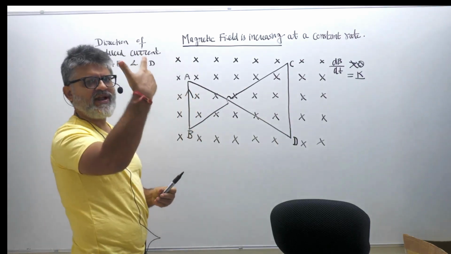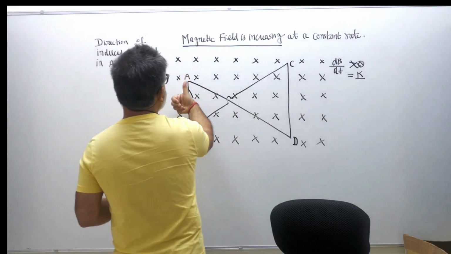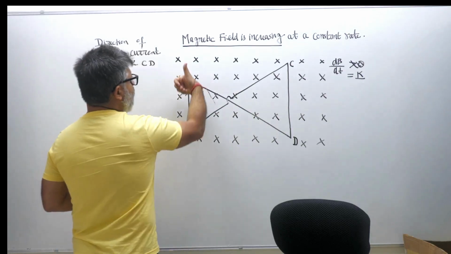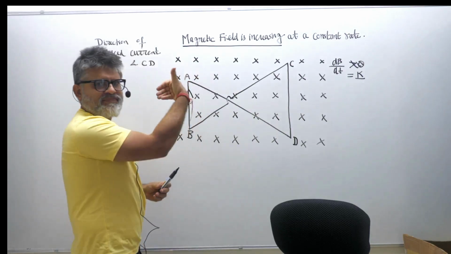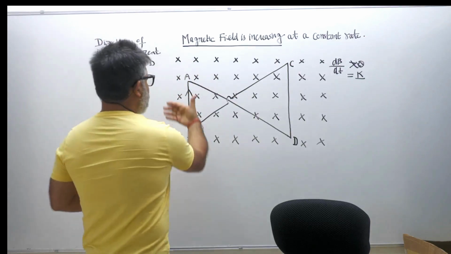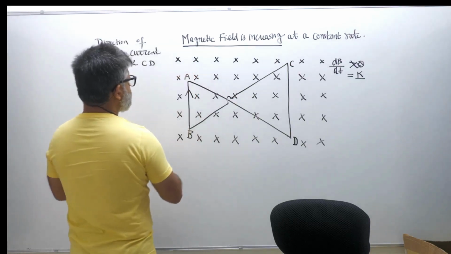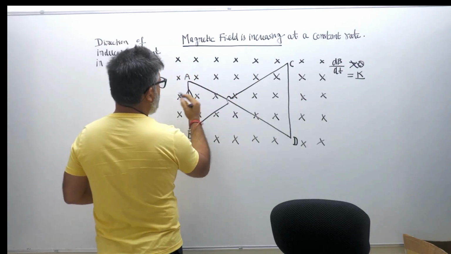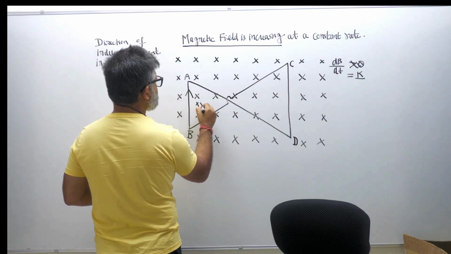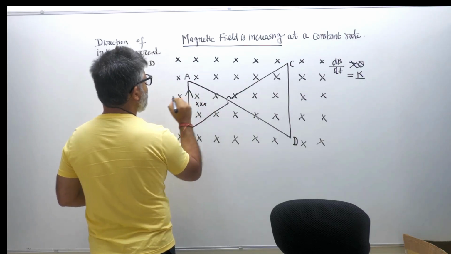So let me use the right hand rule. If I hold it like this, my thumb is pointing inwards and my palm is like this. You can see, right? So the magnetic field on this side will be inwards due to the induced current.